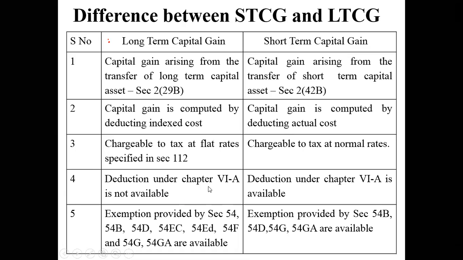Likewise, there are some exemptions available, but those are under section 54 up to 54GA. So we have 54, 54B, 54D, 54EC, 54ED, and 54F. These are the main sections wherein exemptions are available, but they don't have any deductions under section 80C.